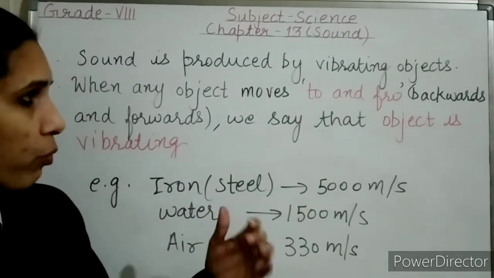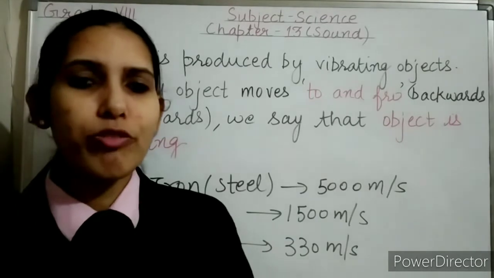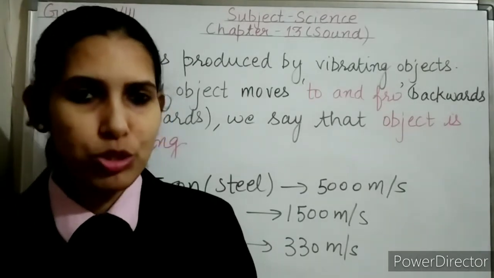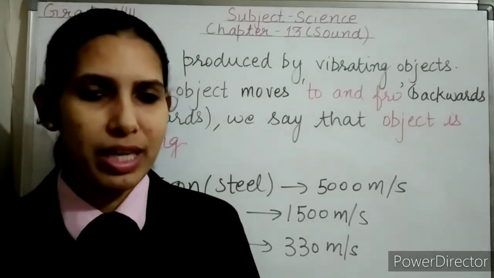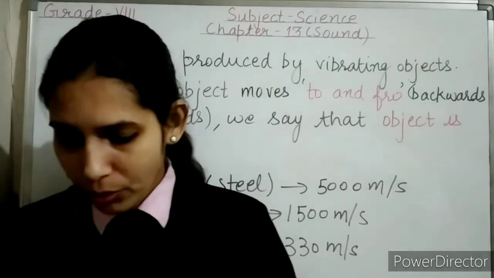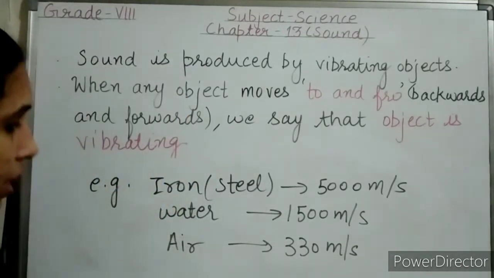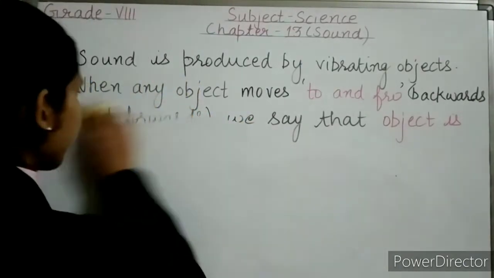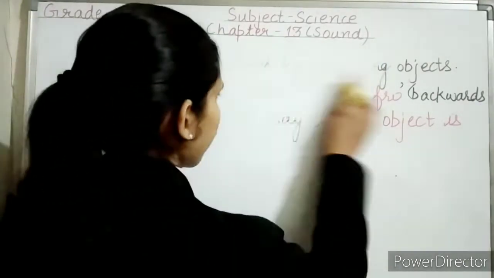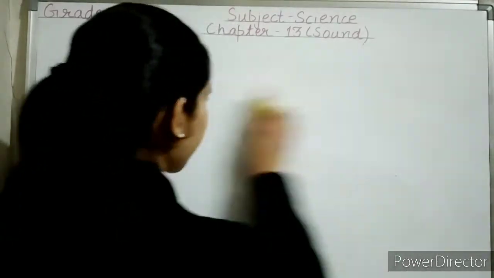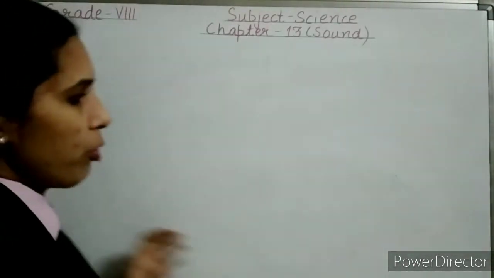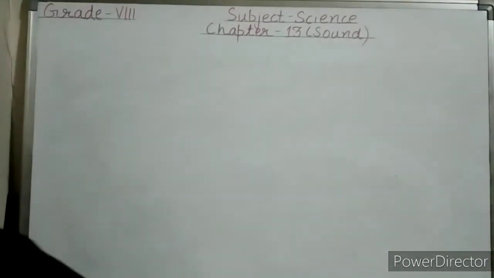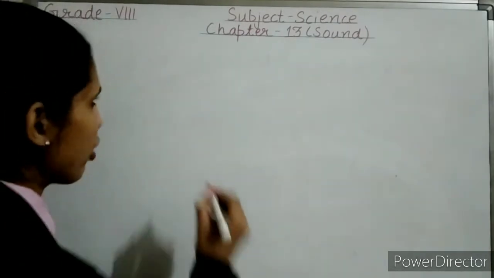Now we know what vibration is. Vibration means to and fro motion. To and fro motion of any object is known as vibration. So let's discuss the three important characteristics of vibrations.